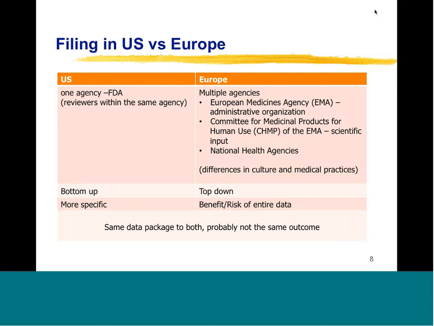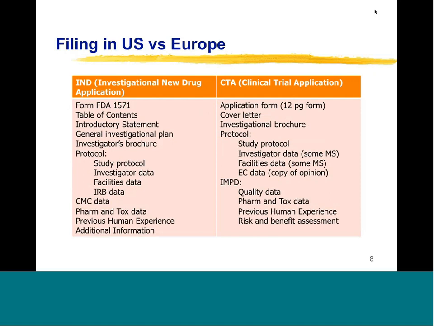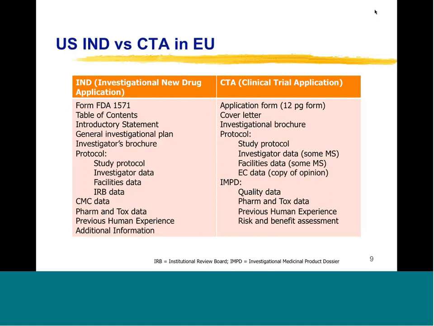You get more specific comments in the U.S. Ideally, you can send the same package to both, and I've seen it, but you may have different outcomes. So that's the trick around product development, being able to manage global approval. In terms of the physical forms you submit, for the IND it's an FDA Form 1571, which is basically the application, with a table of contents and introductory statements.